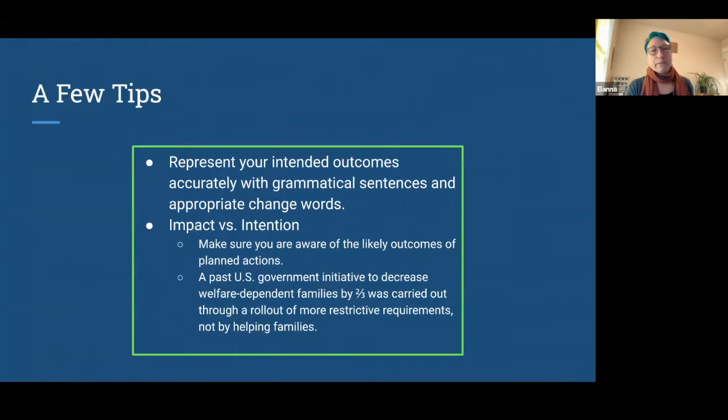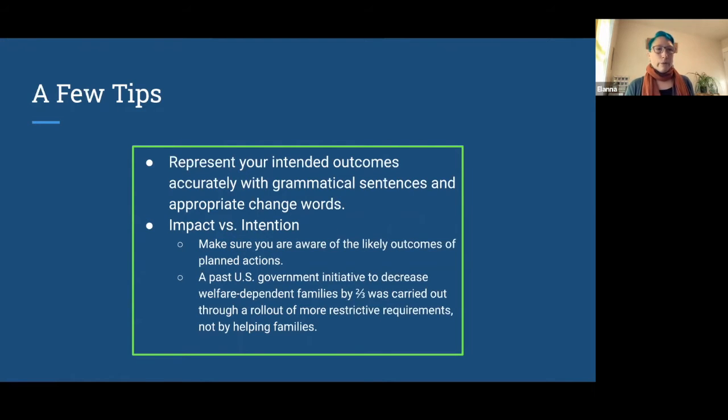And a few tips. So represent your intended outcomes accurately with grammatical sentences and appropriate change words. And also be really, really clear on what is actually going to happen in the project that you've planned.